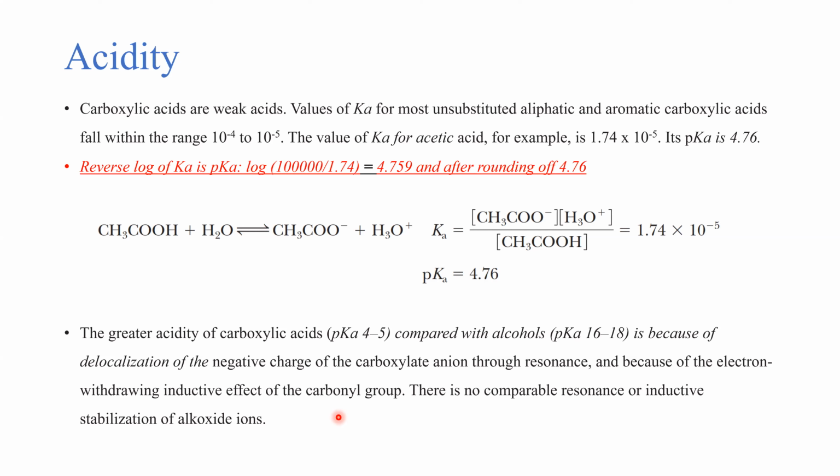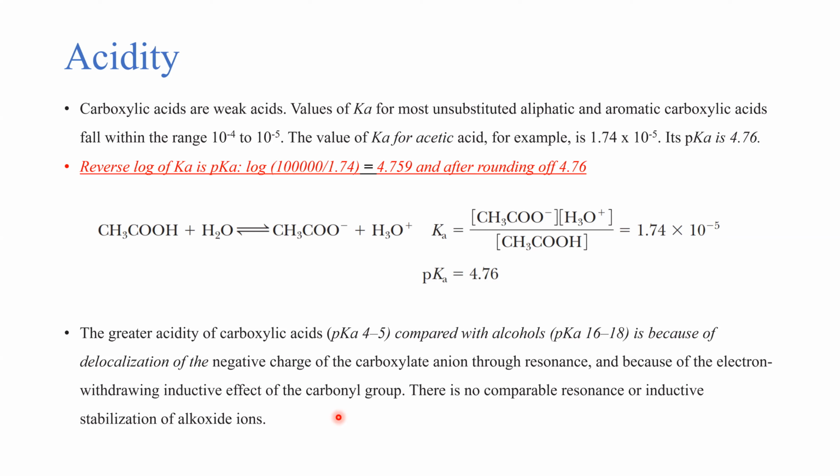So that's why these enhanced features make carboxylic acids more acidic as compared to the alcohols, because alcohols don't have that resonance ability around the carboxylate ion, because there is no carbonyl, and the methyl group or the R group which is attached does not have electron withdrawing ability as an inductive effect, right?